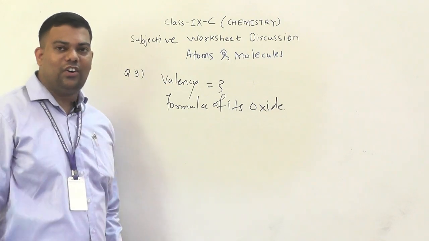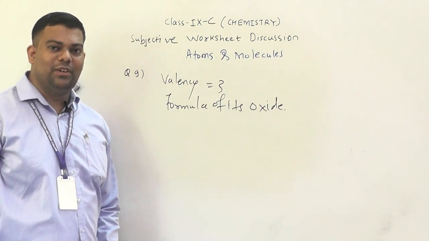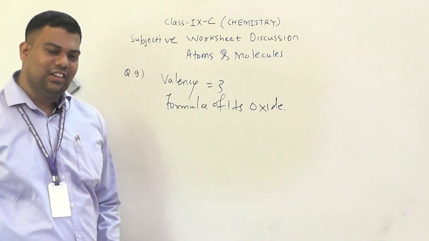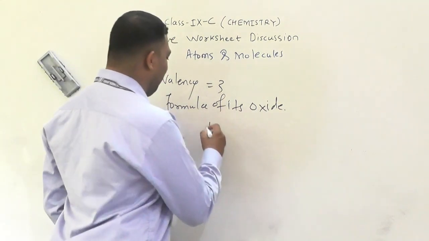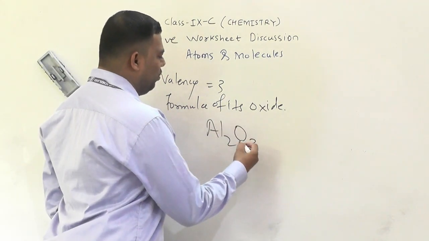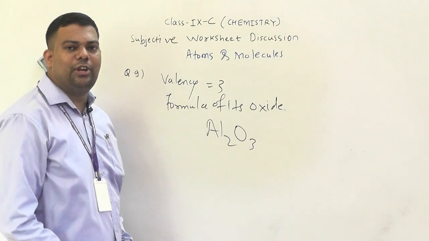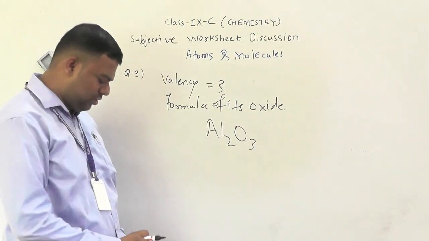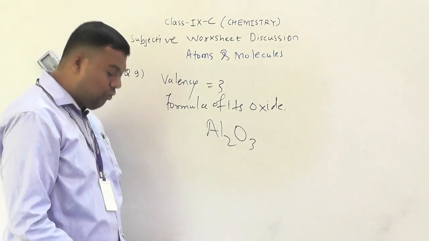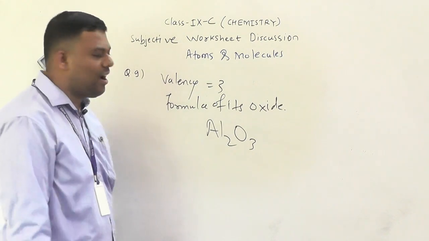So basically we know aluminium has valency 3. So we will get its oxide formula Al2O3, or we can say aluminium oxide. Understood?